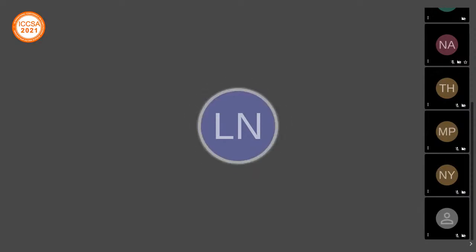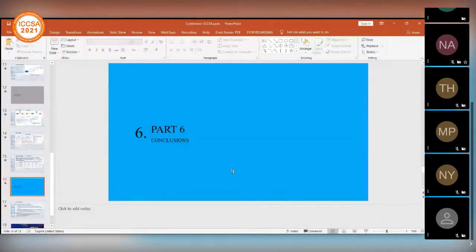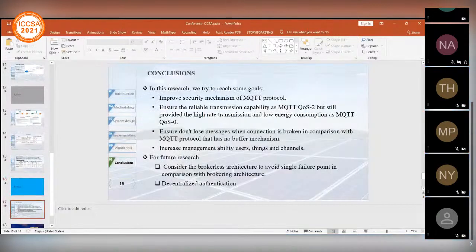The final part is the conclusion. In this research, we try to reach some targets. First, we improve security through the security mechanism of the MQTT protocol.